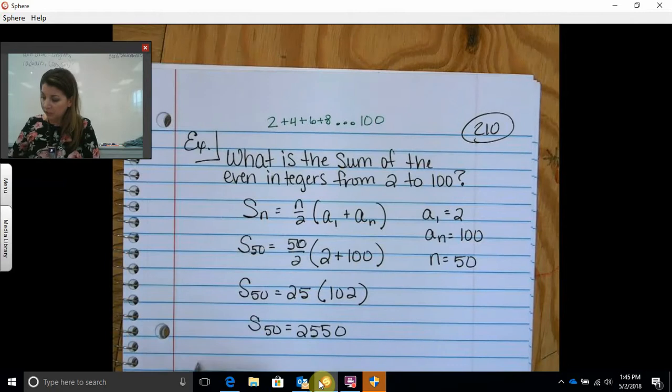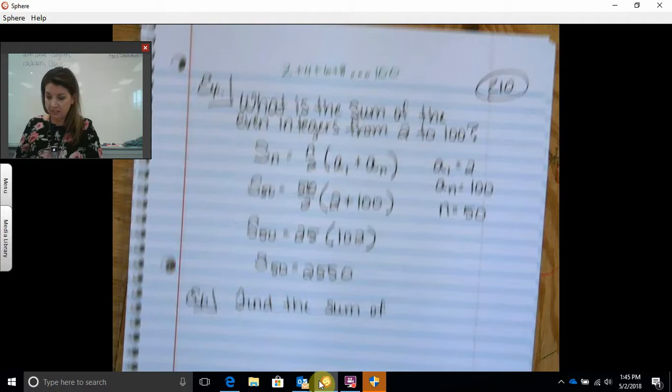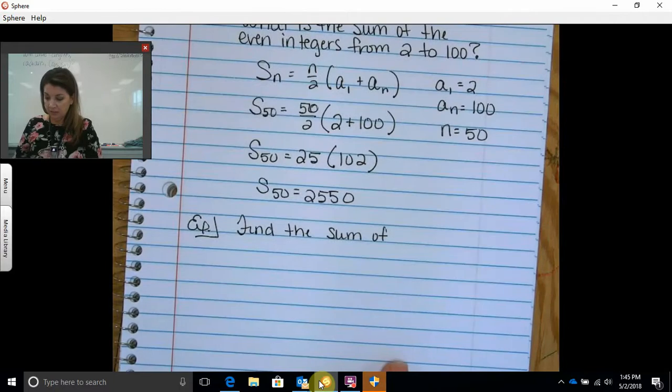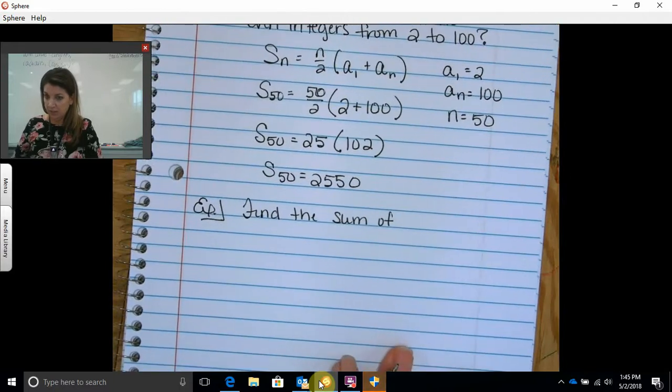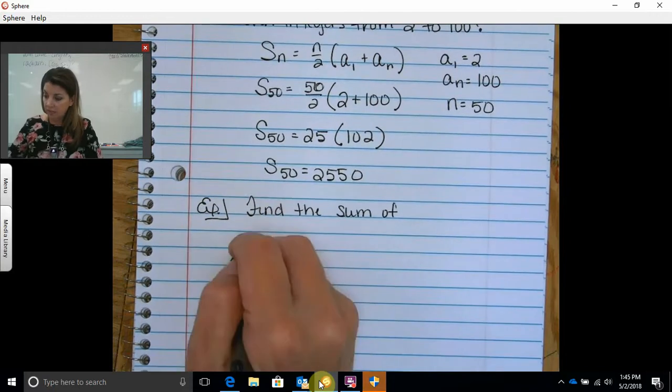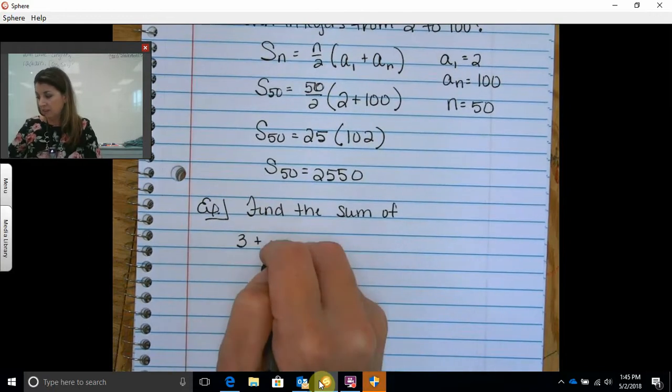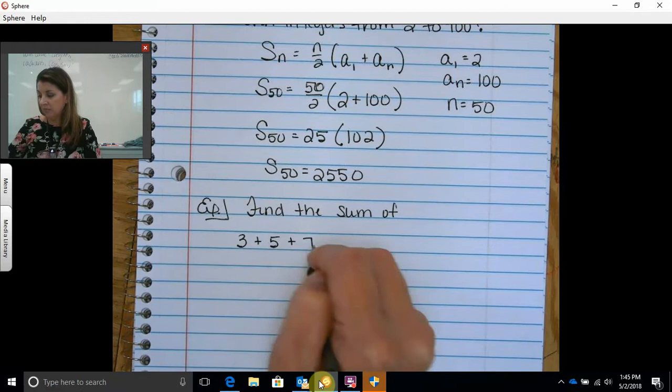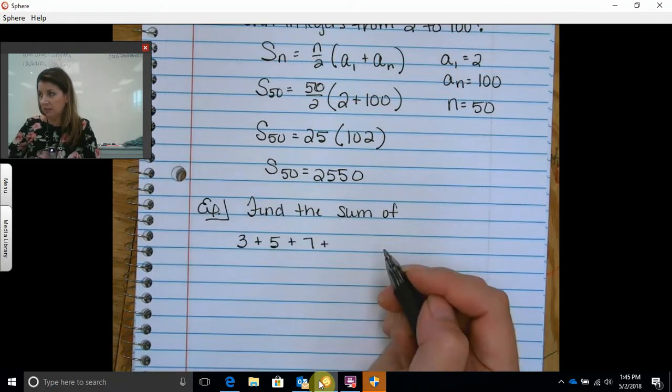Let me give you one more to do on your own. Find the sum of 3 plus 5 plus 7 plus... I'm making this one up.